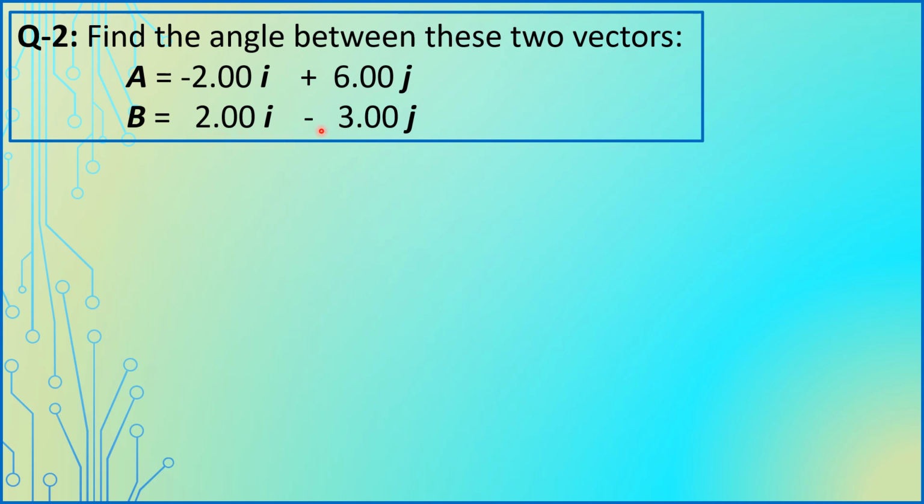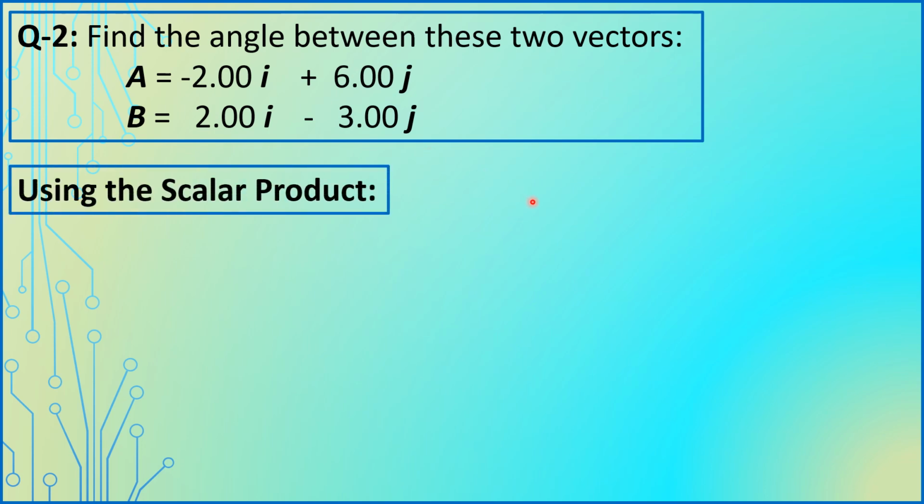So the solution in determining the angle between two vectors is applying the concept of scalar product.